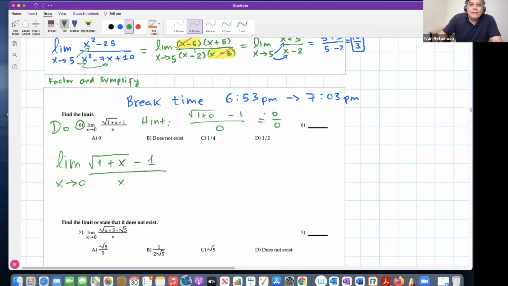So it means that we have to multiply numerator and denominator by the conjugate, right?